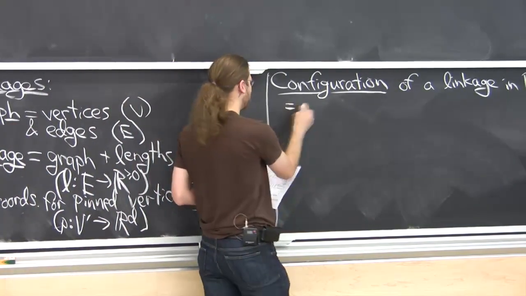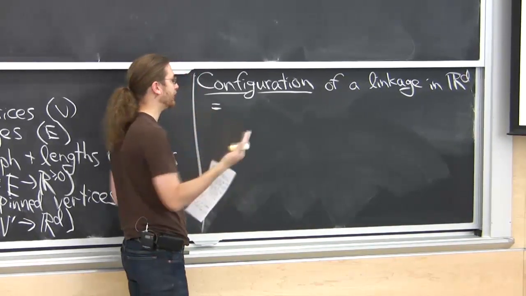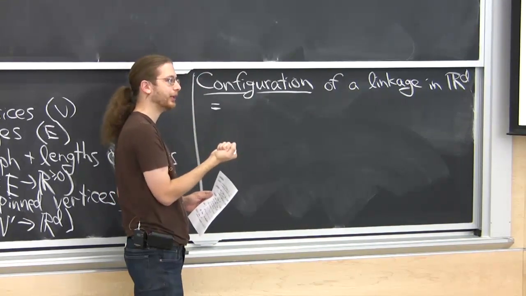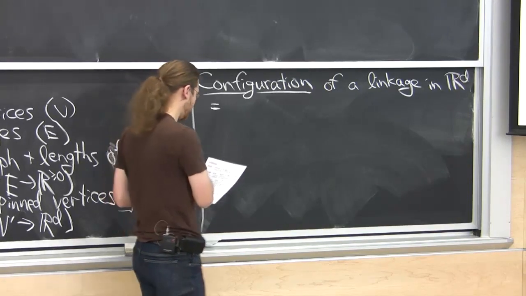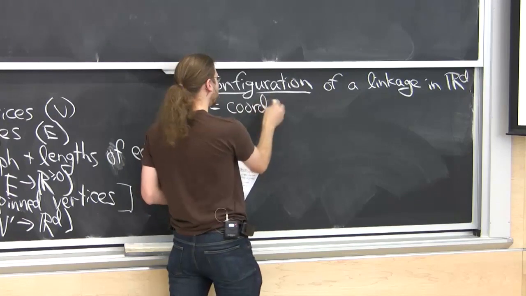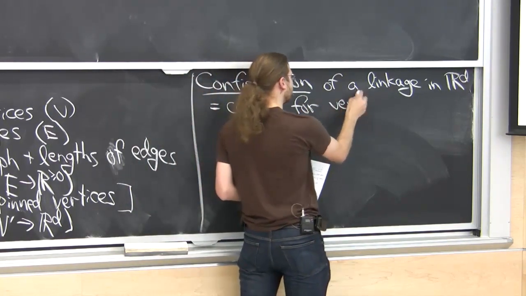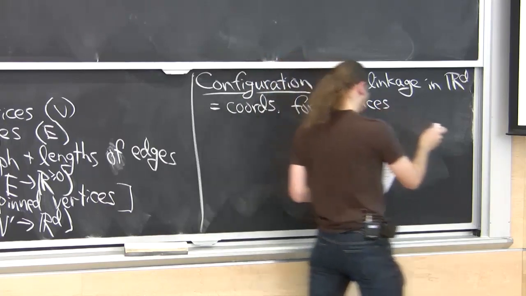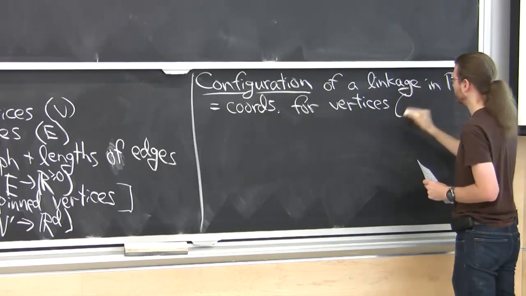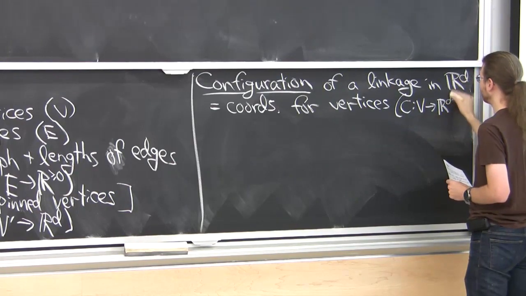Avoid confusion with the other notions. With folded states, usually we allow creases all over the place. With the linkage, you're really only allowed to bend at the vertices. So it's a bit special. So configuration just gives you coordinates for every vertex. So we would say configuration C maps every vertex to some point in d dimensions.